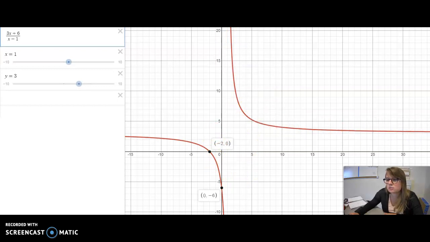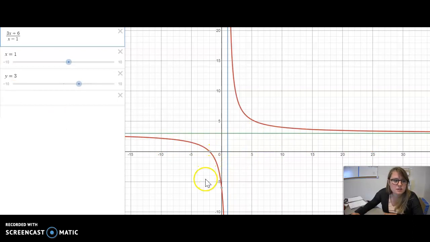So we can see that it gets really close to 3, but never really gets there. And then same with 1. It gets really close to 1, but it really never gets there. So I went ahead and graphed those, and I could see that it never touches those lines, but it gets them really close. So that's one way that I want you to graph with Desmos.